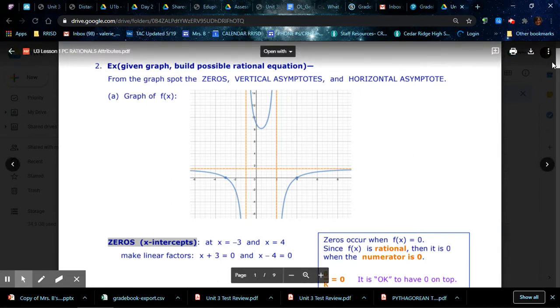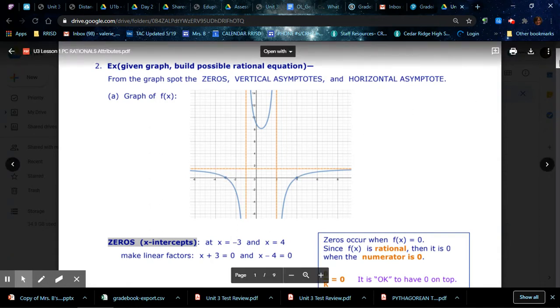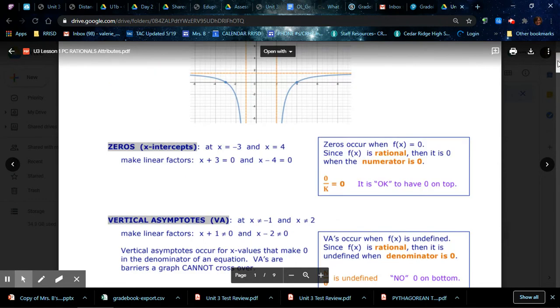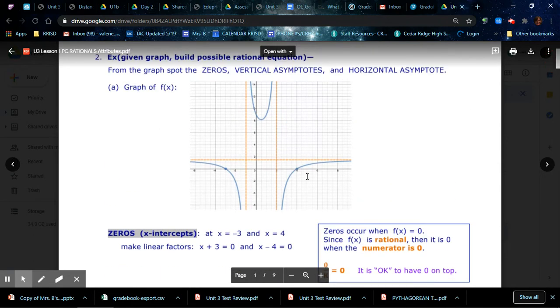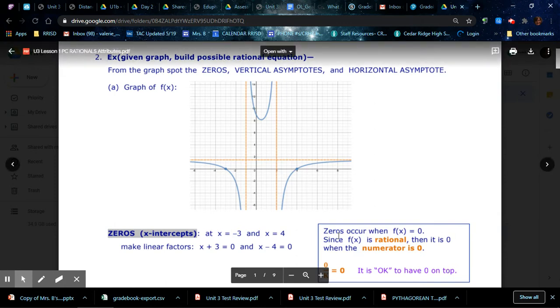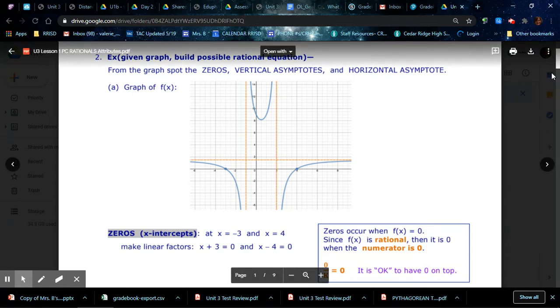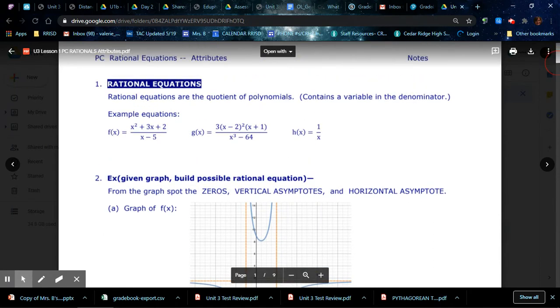And so we're going to show you here. Here's the x-intercept, or 0. Here's the x-intercept, or 0 here. What you need to know from this, here in the box, very important, is that zeros occur when your function is equal to 0. So when is your function ever allowed to be equal to 0?